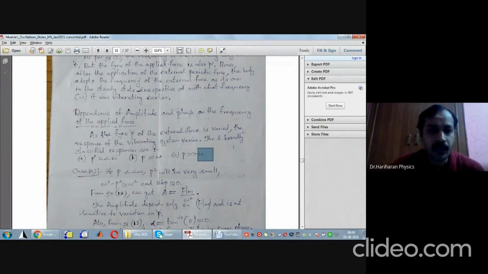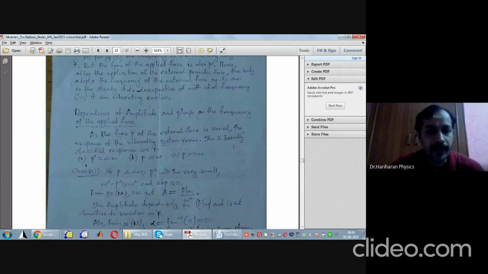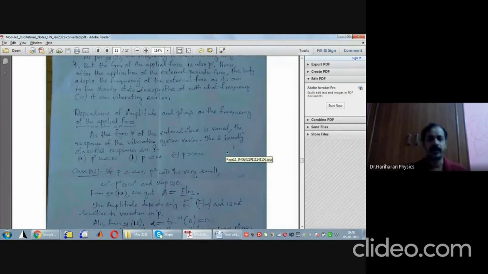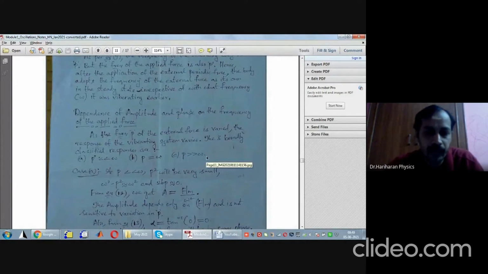One is when the applied frequency happens to be quite less when compared to the natural frequency of vibration. When the applied frequency matches the natural frequency of vibration, that's the second case. The third case is the applied frequency P being far greater than the natural frequency of vibration. Okay, so look here, today we will deal more with the qualitative study and not with the mathematical part.